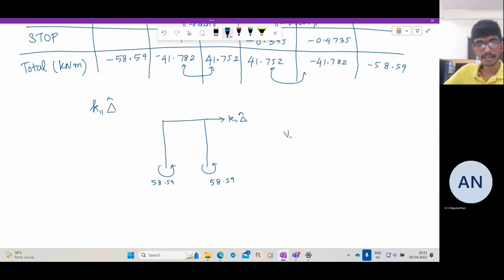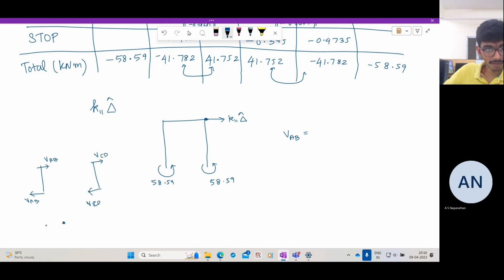So as usual, let us find out VAB. At the joint, if you draw the free body diagram, you have something like this. VAB, VAB, VCD, VCD.